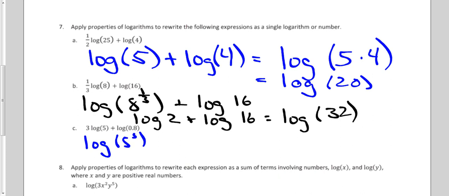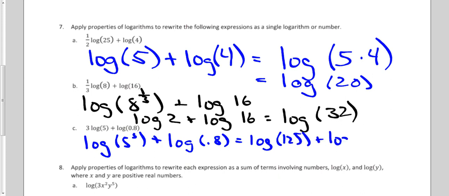Plus log of 0.8. And then, what's 5 to the 3rd power? So this equals log of 125 plus log of 0.8. And then what do I do? Multiply them together. So I get a log of, what'd you say, Ava?